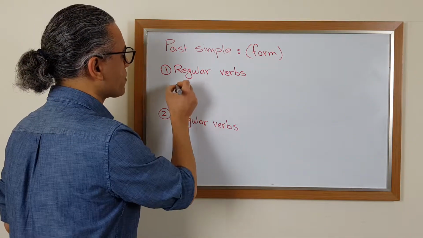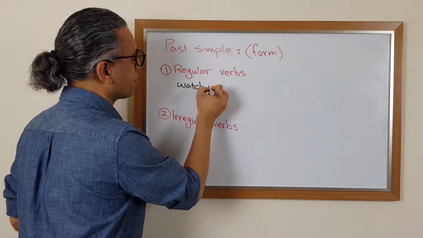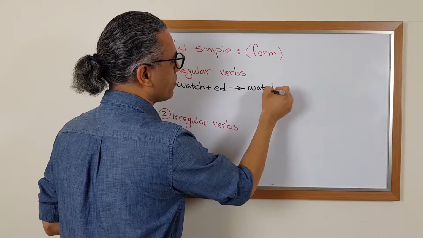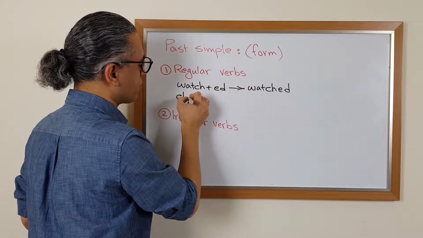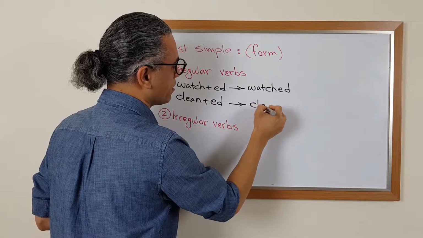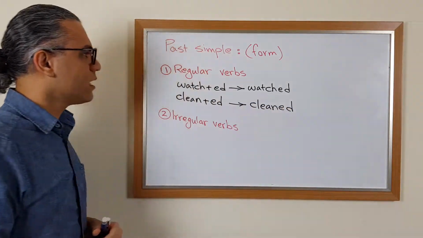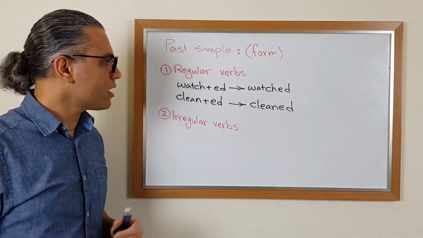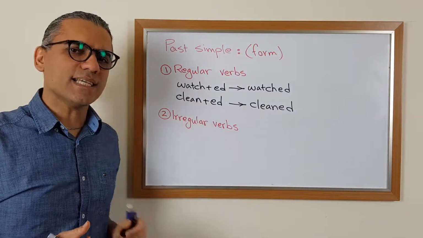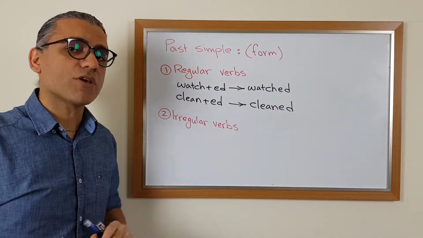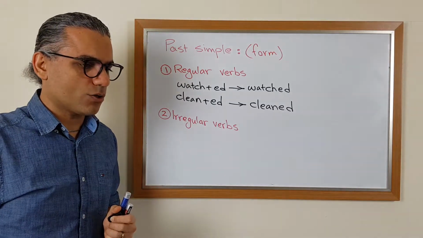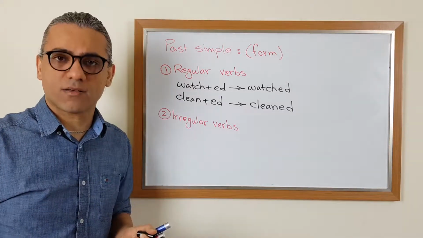For example, we say watch plus ed in the past form, watched, or clean plus ed, cleaned. These are regular verbs in English. It means when we are writing the past form of them, we just add ed to the end of the verbs. But we also have irregular verbs which don't follow any rules, and you only can learn them by practice.